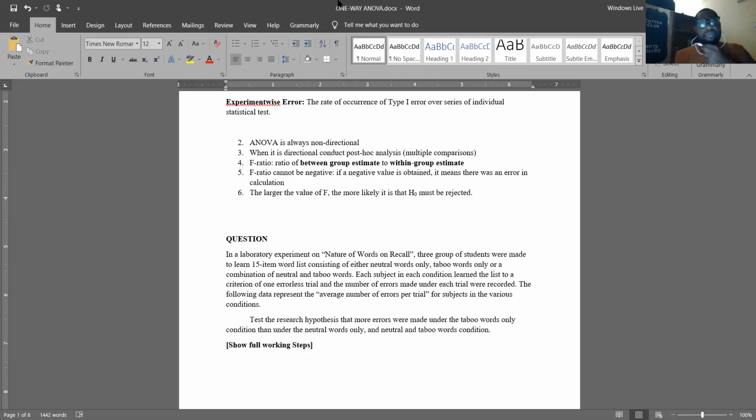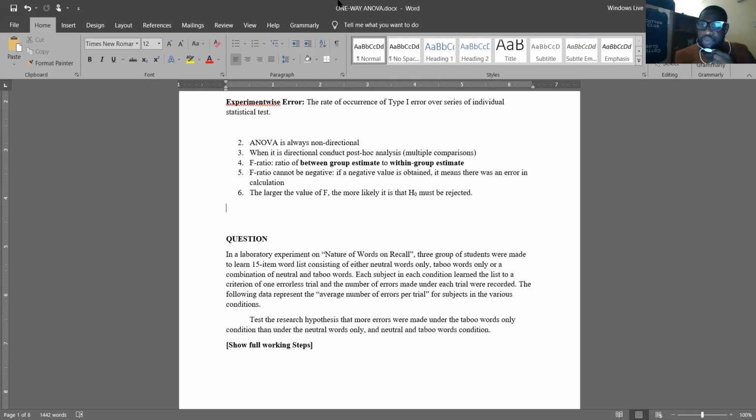And this dependent variable falls under what type of scale of measurement? It falls under ratio. Why? Because there's a high tendency that some subjects wouldn't commit any error. So there's a high chance that there might be an absolute zero. Hence, ratio is the best fit.